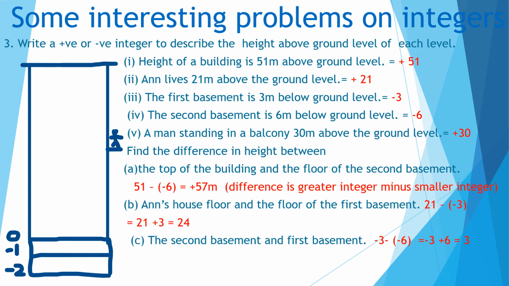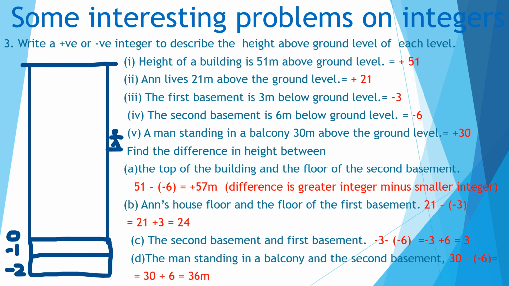Now minus 3 is greater than minus 6. So the difference will be minus 3 minus 6. And it is equal to minus 3 plus 6 equal to 3. The man standing in a balcony and the second basement. 30 minus 6 will be equal to 30 plus 6, because 30 is greater than minus 6.